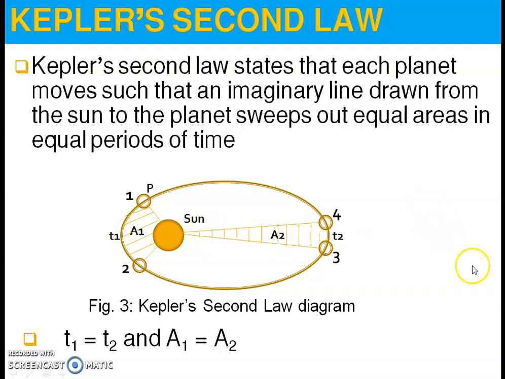Another implication of this is that the closer a planet is to the sun, the faster it moves.